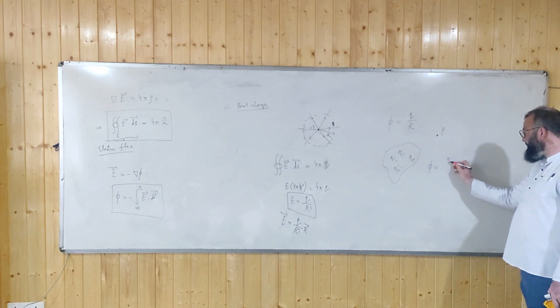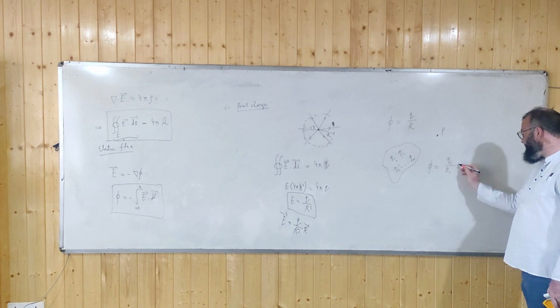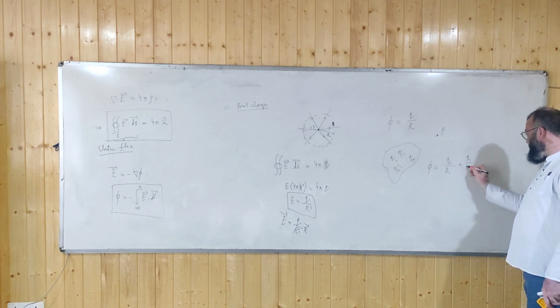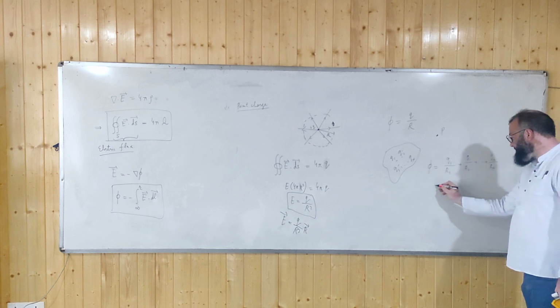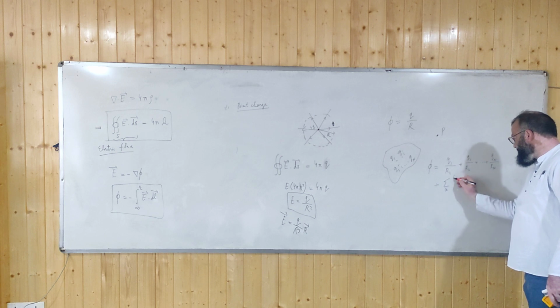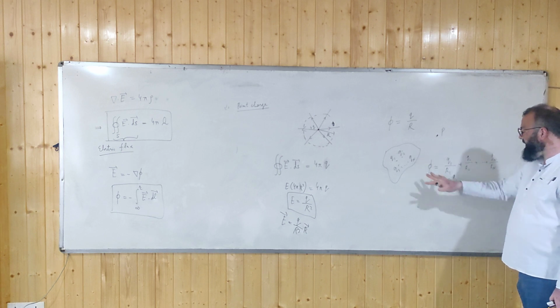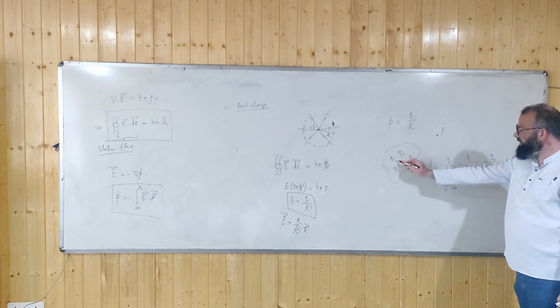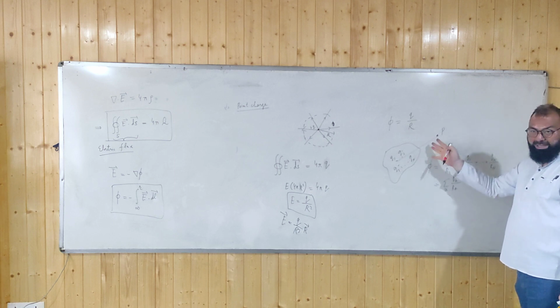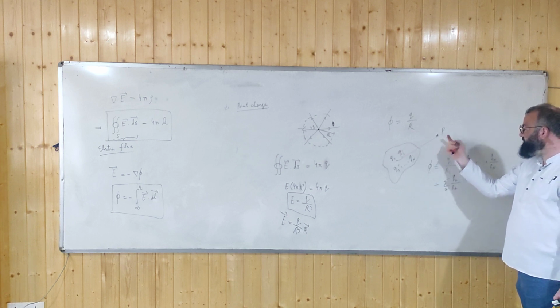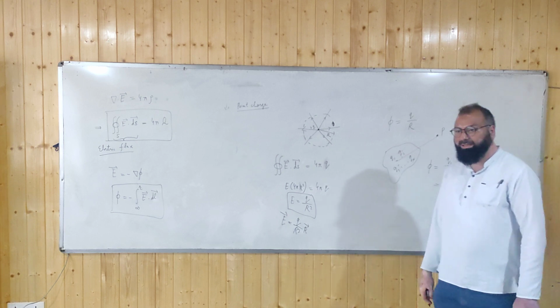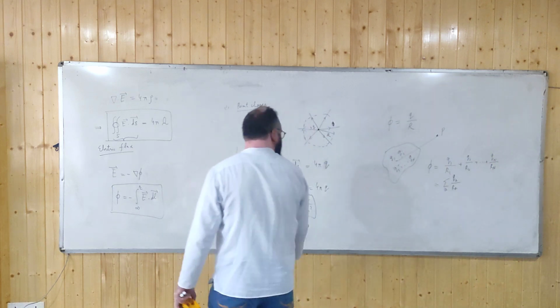So I can write it as Q1 divided by R1 plus Q2 by R2 plus dot dot dot plus Qn by Rn. That's equal to the summation of Q by R. R1 is the distance from charge Q1 to the point P, R2 is the distance from charge Q2 to the point P, and so on. Clear? This is the superposition principle.